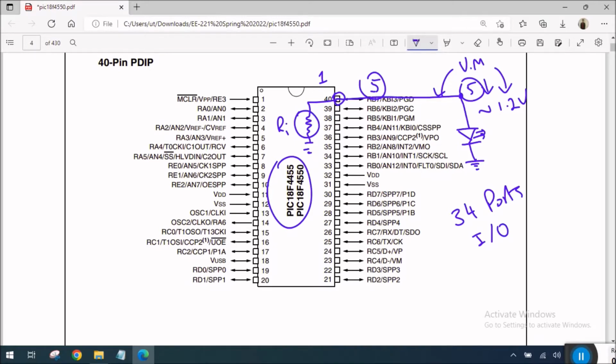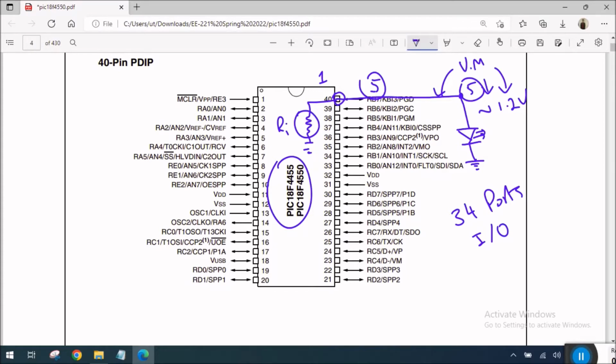So this is the main reason that I cannot use this pin both as an input and an output at the same time, because after setting it as an output and sending it a signal of 1 or 0, when I read this pin, it's not going to return me the same data.